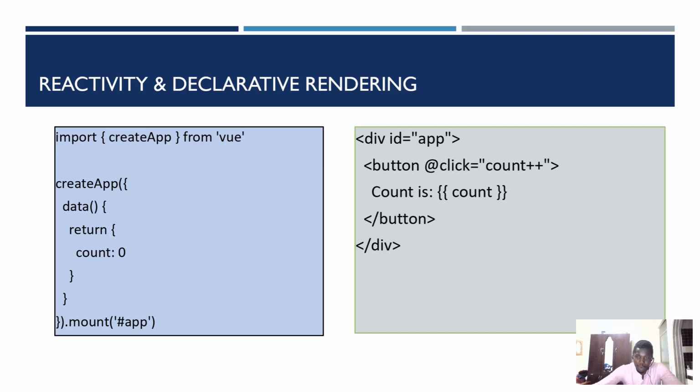What is fun about this is that you can see the concept of reactivity in such a way that when this count changes, the component that has that variable count gets updated.